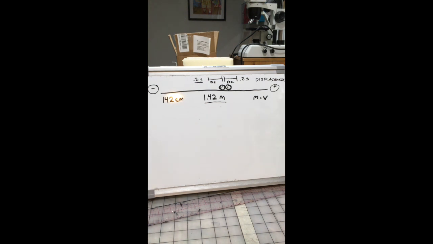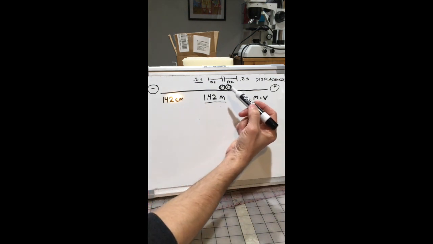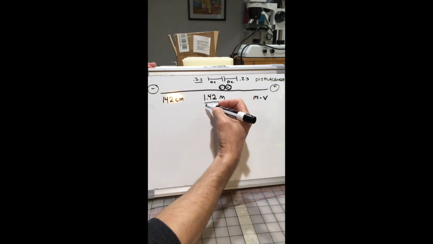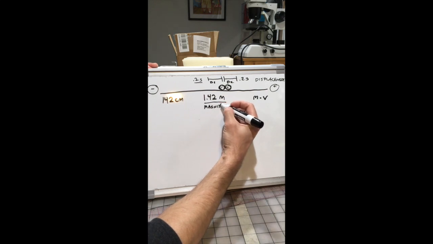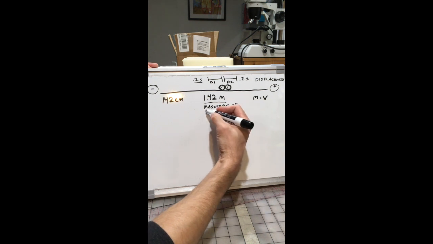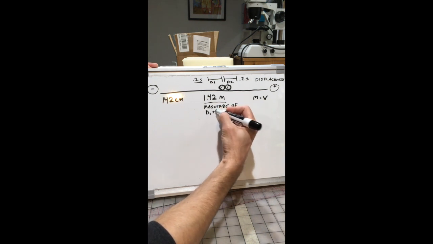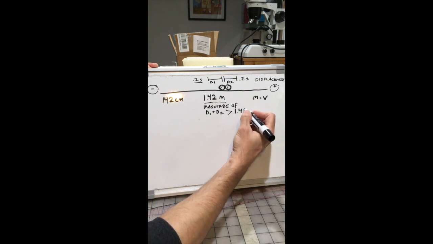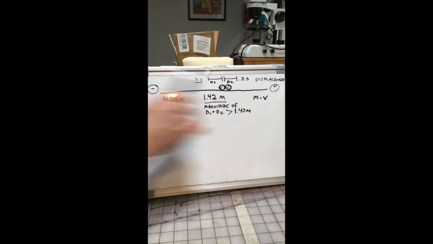But before I even do that, the magnitude of the distances d1 plus d2 cannot be greater than 1.42 meters because that's the total length of the track.